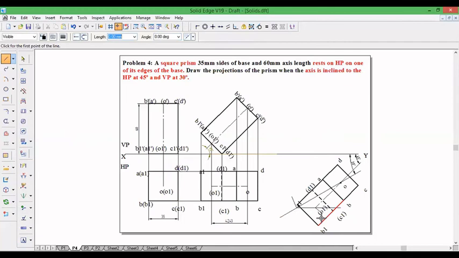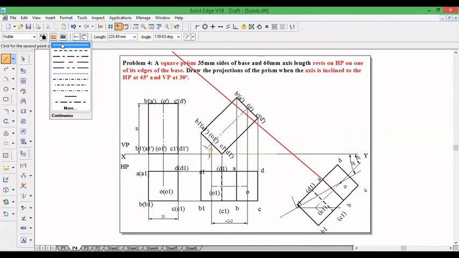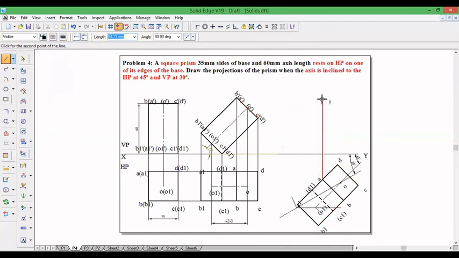Now to take projection, let us start with A and A dash. Projection line thickness should be 0.13 and line is continuous line. So this is A dash.